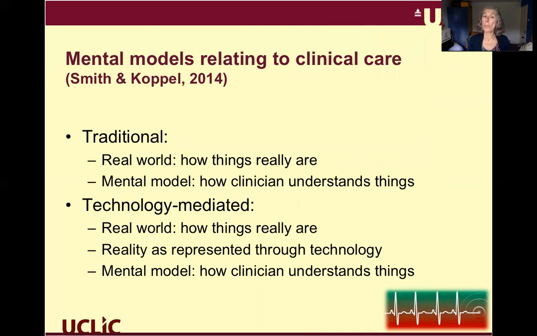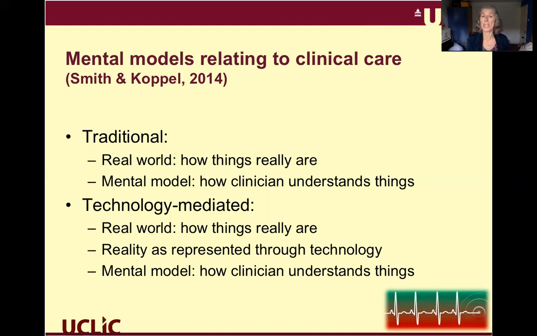So Smith and Koppel, in a paper back in 2014, talk about mental models relating to clinical care, such as the care of that little baby. They talk about traditional mental models for clinicians. We have the real world, how things really are.